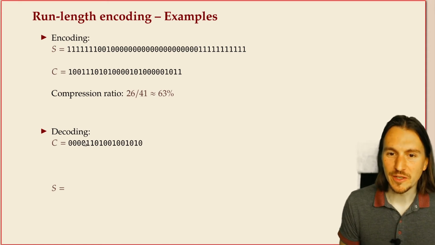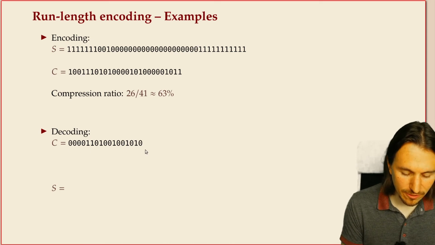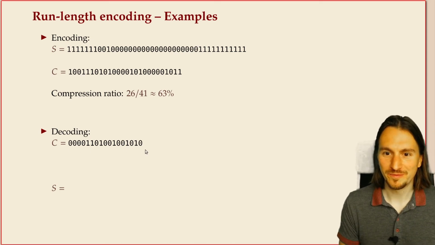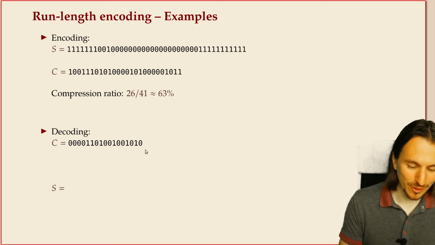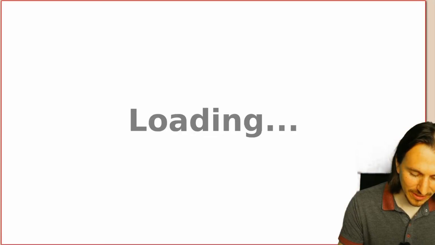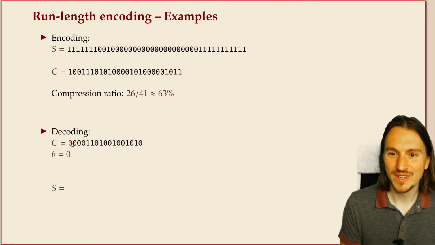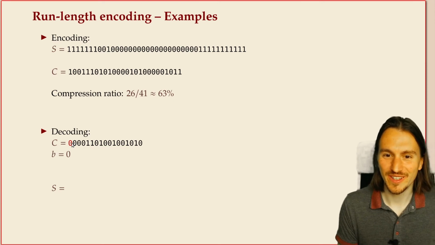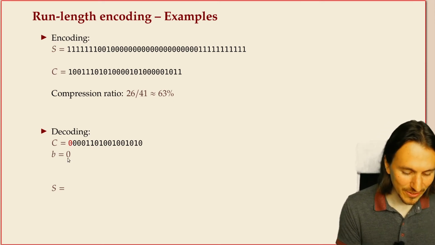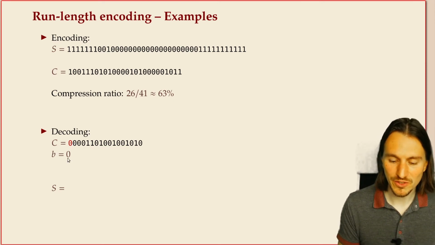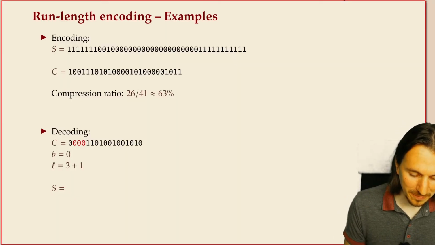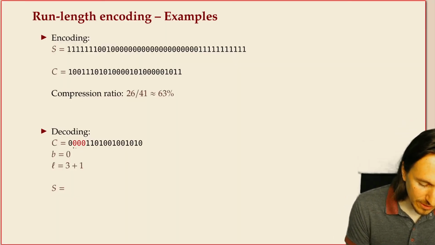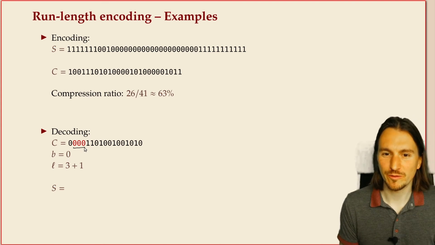Now let's practice some decoding. And again, this is a run length encoded bit string. So it will follow the same pattern. The first bit is telling you what is the first bit in the source text. So it's a 0. And now we have to start reading the next number. So what you do is you look for how many zeros you find.